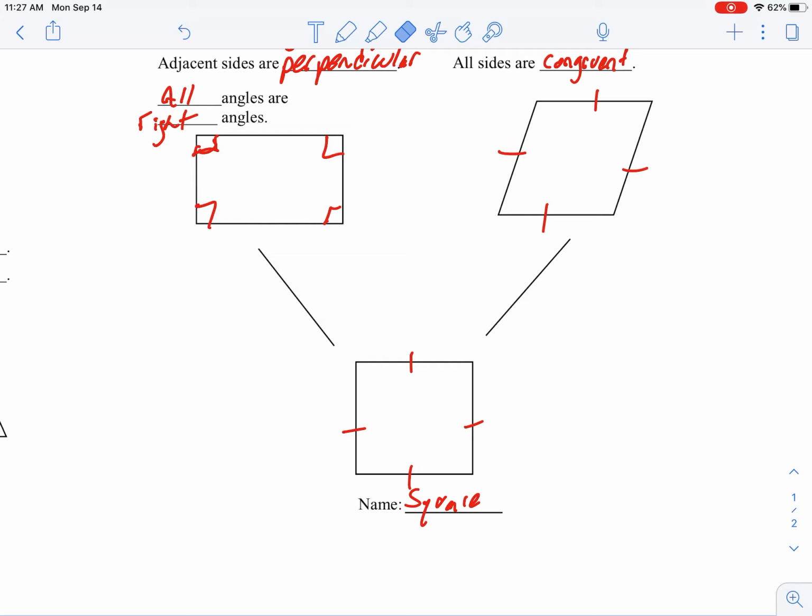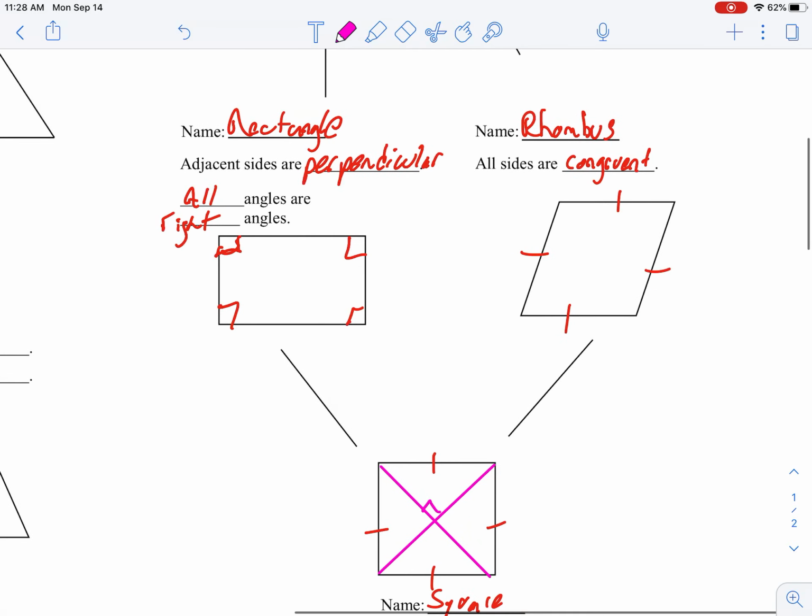Everything continues to just kind of flow down. A couple other random things about a square. We've started talking about the diagonals of a square. And in this instance, from a square comes from a rhombus. The diagonals intersect at right angles. One thing I forgot to mention on a rectangle with the diagonals is, again, one of those random things that we've talked about in previous years. Now, have you, and did it stick?